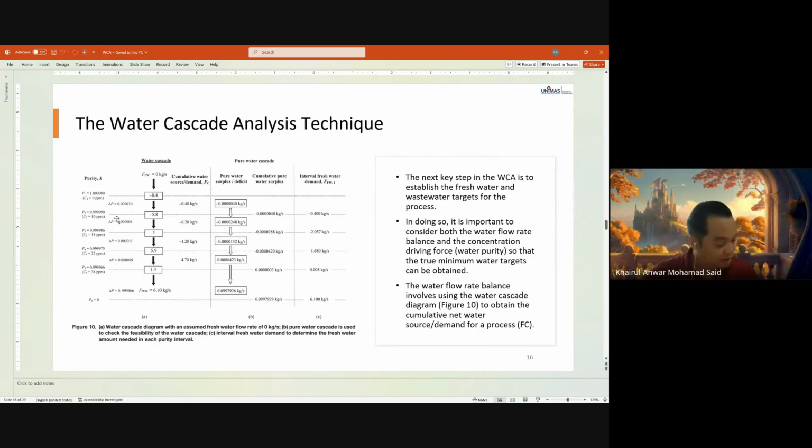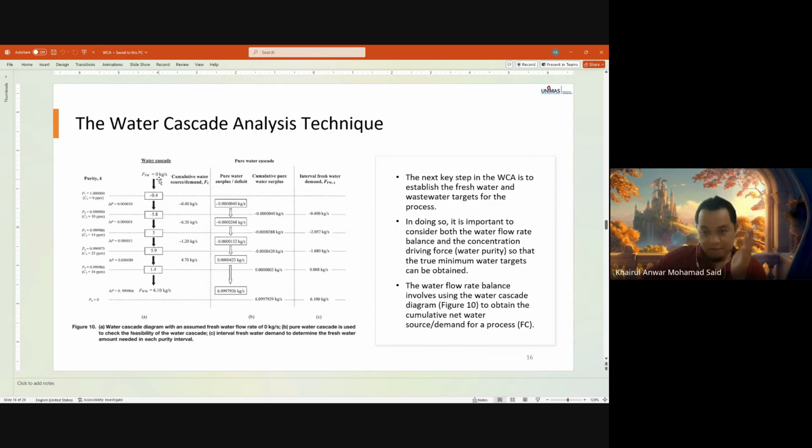Level 6 is the 1 million. Then we have a delta P in between, so 2, 3, 4. Then this is the water cascading.